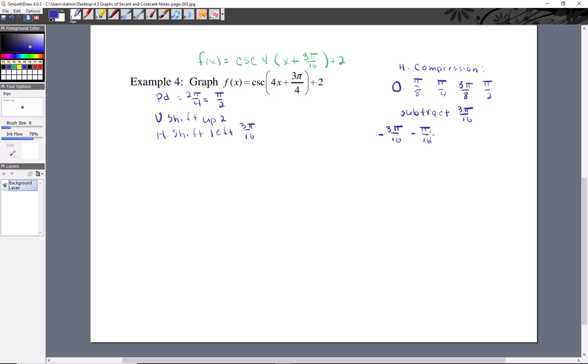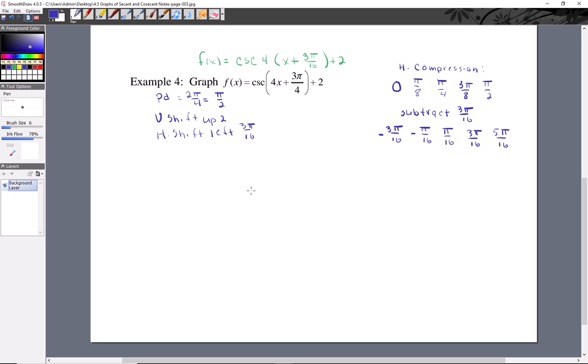And then we're adding 2 pi over 16 each time, so we'll just keep doing that. The next ones will be pi over 16, 3 pi over 16, and 5 pi over 16. And that will set up what we need to label on our x-axis for one period.